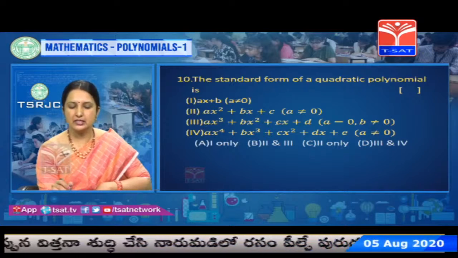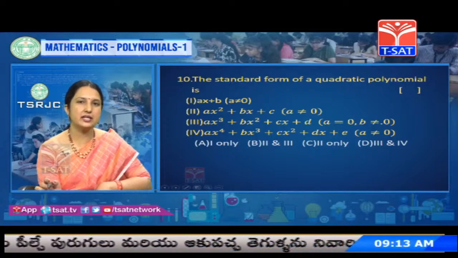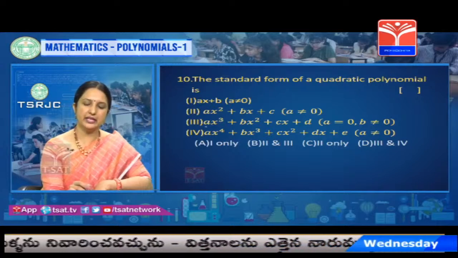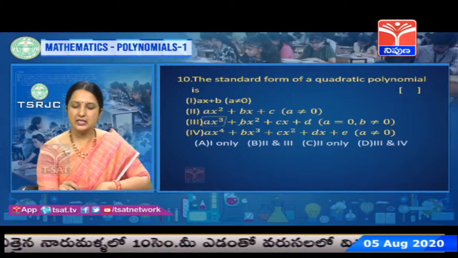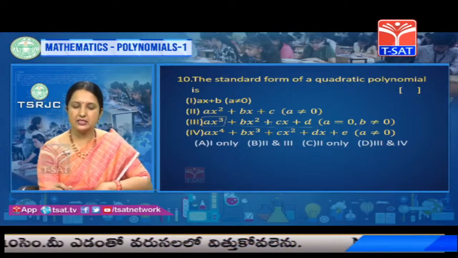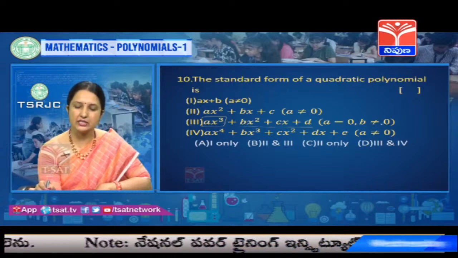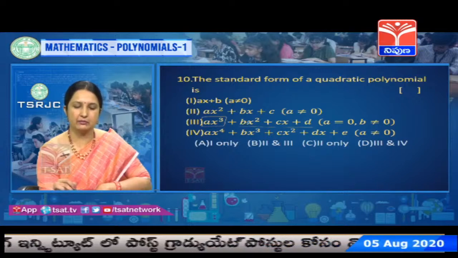Ax cube plus bx square plus cx plus d, where a equals 0 and b is not equal to 0. When a becomes 0, this complete term will become 0. So, this polynomial is starting from here, bx square plus cx plus d, and here it is mentioned that b is not equal to 0. So, this is also a quadratic polynomial.